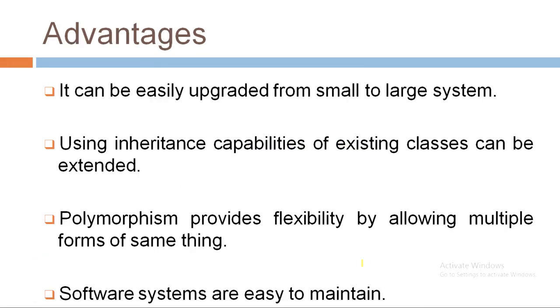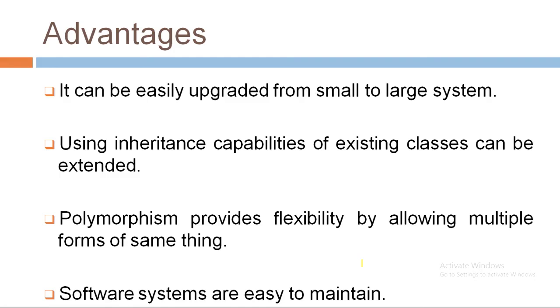The next advantage is that it can be easily upgraded from small to large systems. The existing system may be extended with extra features easily in object-oriented programming. The next one is that using inheritance, the capabilities of existing classes can be extended. We can extend the same existing class for new features.